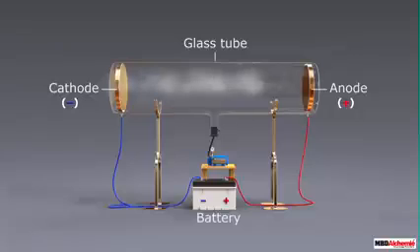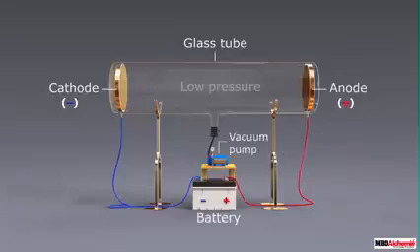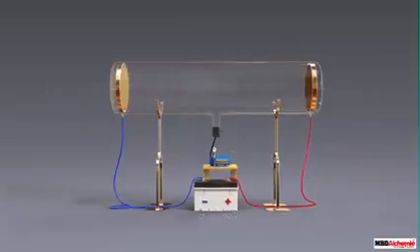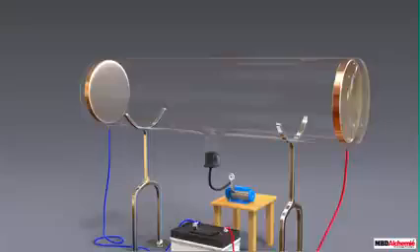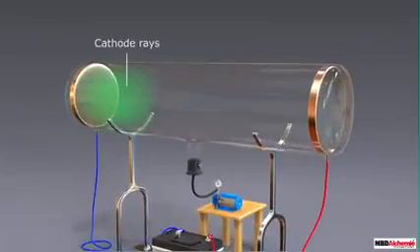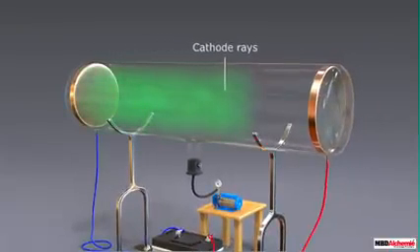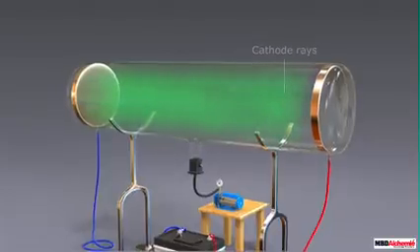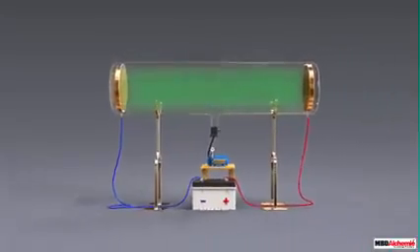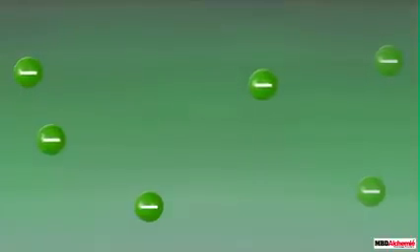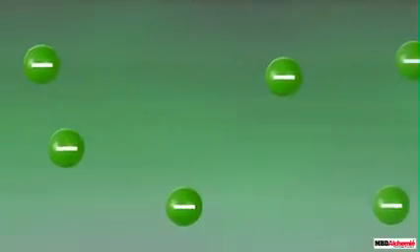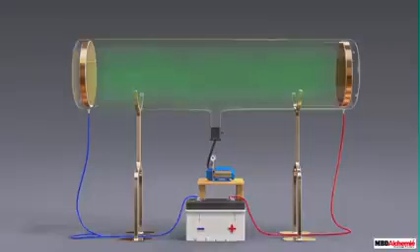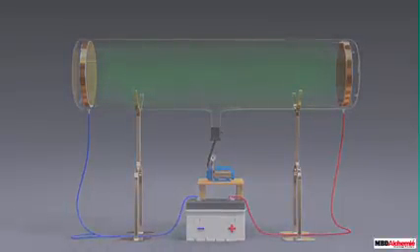The gas inside the tube had a very low pressure, which was maintained with the help of a vacuum pump. On passing the electric discharge, the rays called cathode rays were produced, which were attracted towards the positively charged plate. As these were attracted towards the positively charged plate, these were supposed to be made up of the negatively charged particles, which were named by Sir J. J. Thomson as electrons. So this is how the negatively charged particles were discovered.